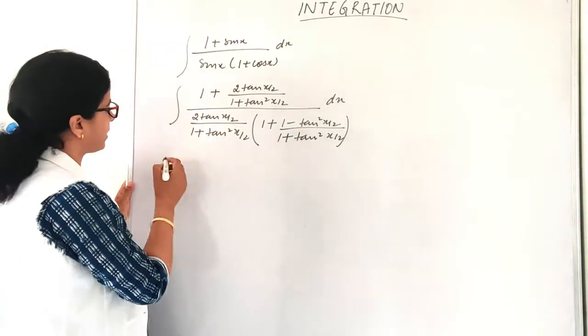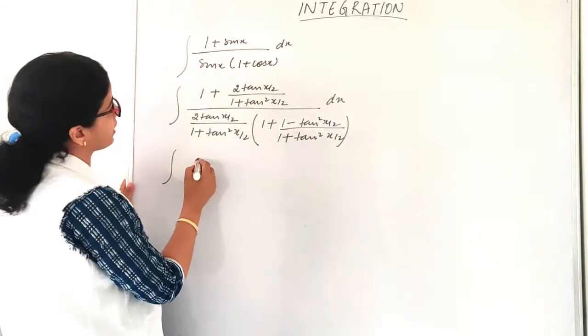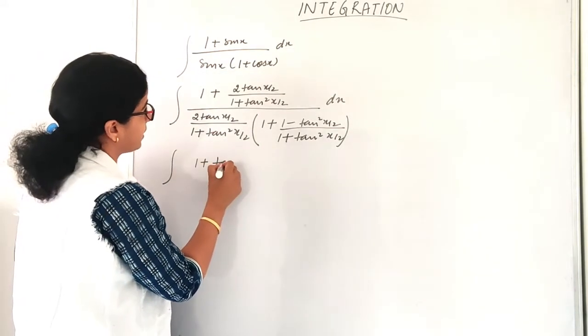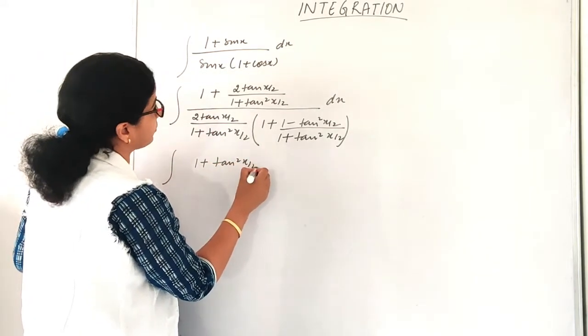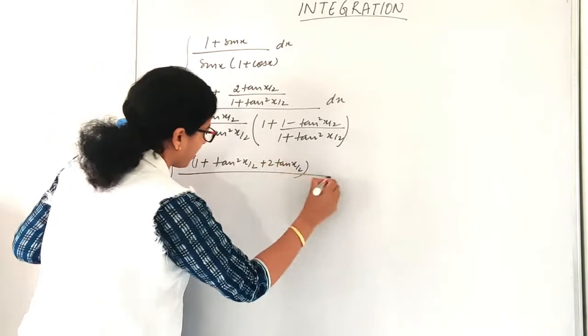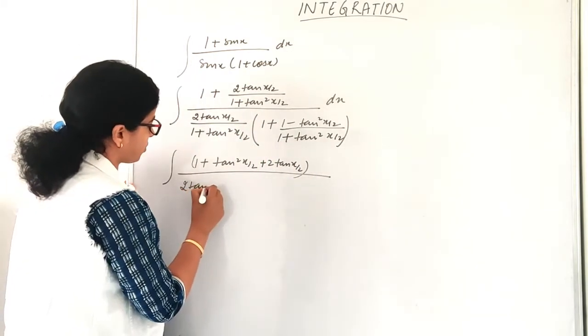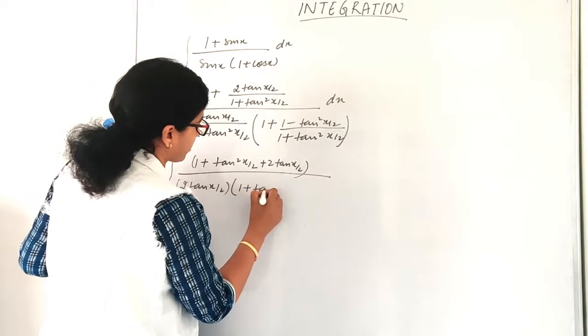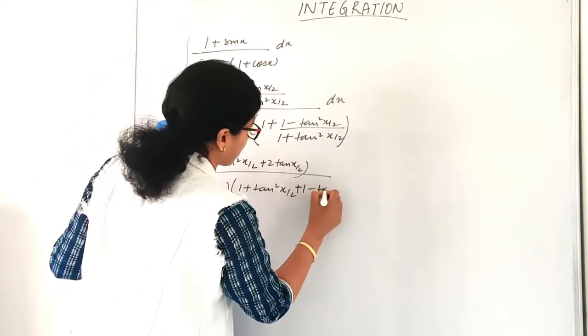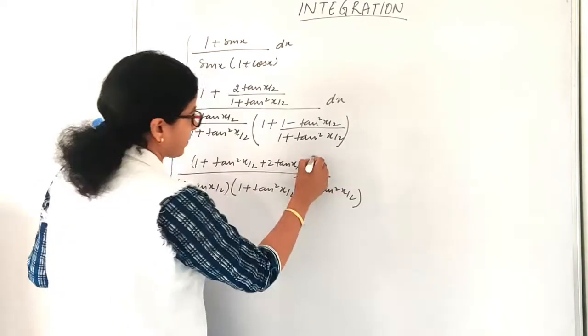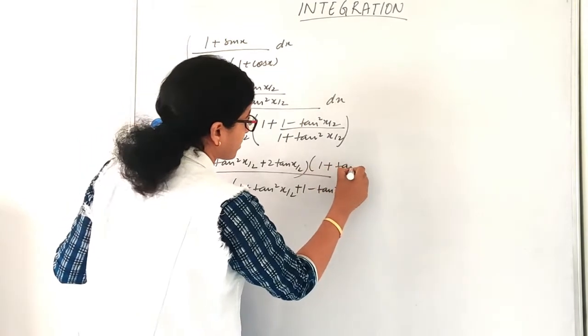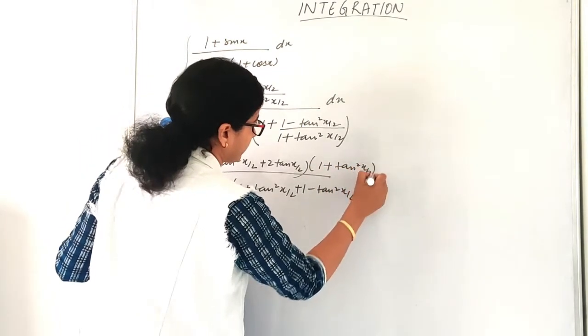Now take the LCM and solve this part. So what am I getting? I am getting here 1 plus tan square x by 2 plus 2 tan x by 2 upon 2 tan x by 2, into 1 plus tan square x by 2 plus 1 minus tan square x by 2, and here I will get one more 1 plus tan square x by 2, dx.